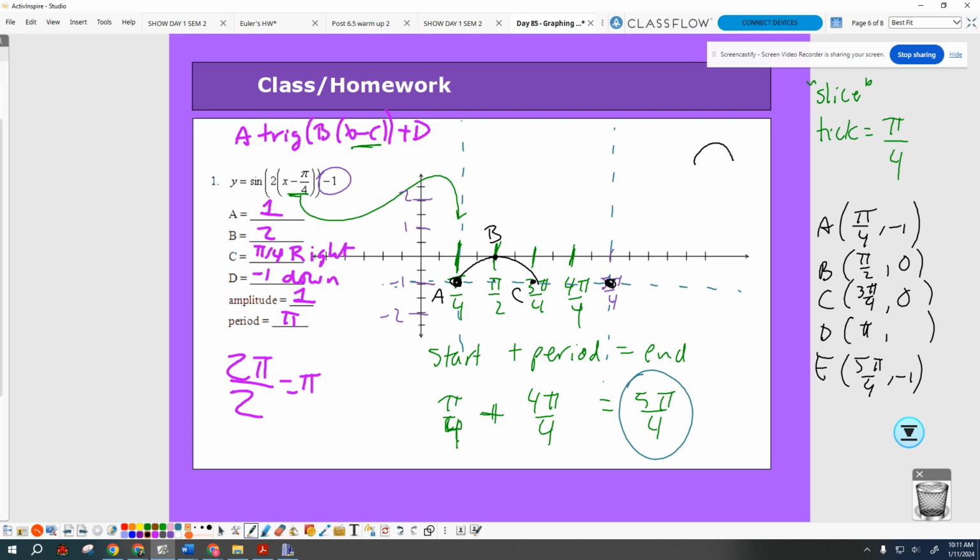Does the sine wave do this? No, it goes down. So from here, we just had an up bubble, now we need to have a down bubble. And then the last coordinate, come back up to -1.